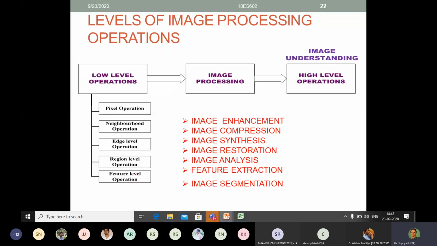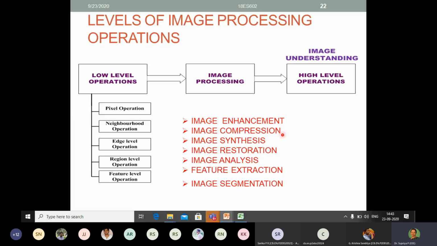So these are some of the ways in which we could analyze images, and these are some of the methods which we would be using for all these operations. Image enhancement is basically improving the contrast of the image. Compression, where we reduce the size of the image and make it smaller.